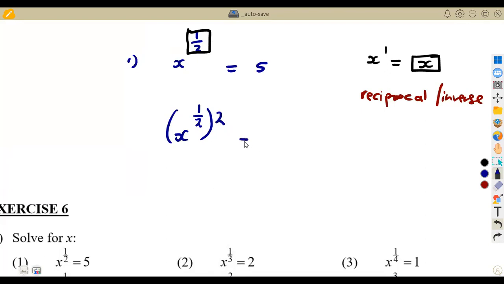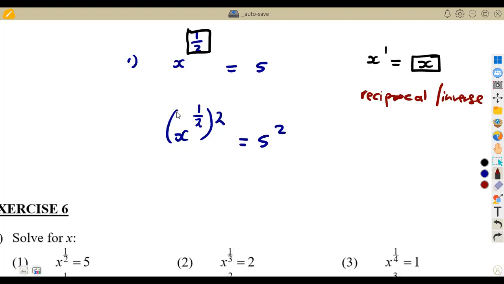Before we talk about that, let us raise 5 also to the exponent. Remember, it's an equation. Whatever you do on the left-hand side must be done also on the right-hand side. So we raise also by the exponent of 2, the reciprocal of this exponent.